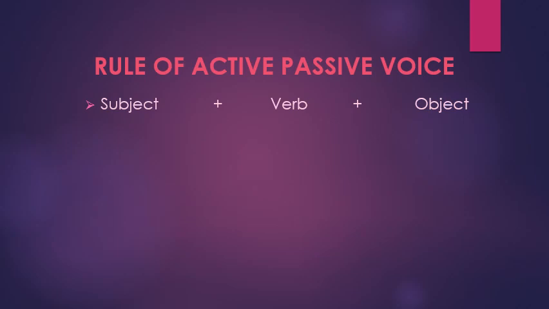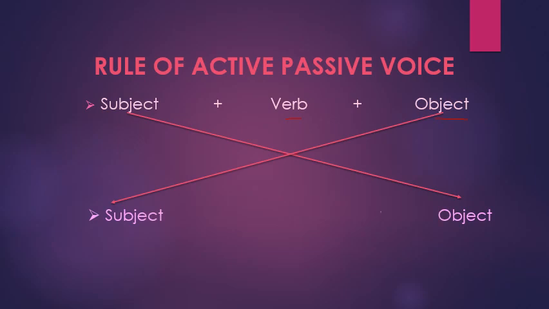So she is the subject, reads is the verb and the object is books. So the rule is subject becomes object, object becomes subject, and the verb changes to third form.